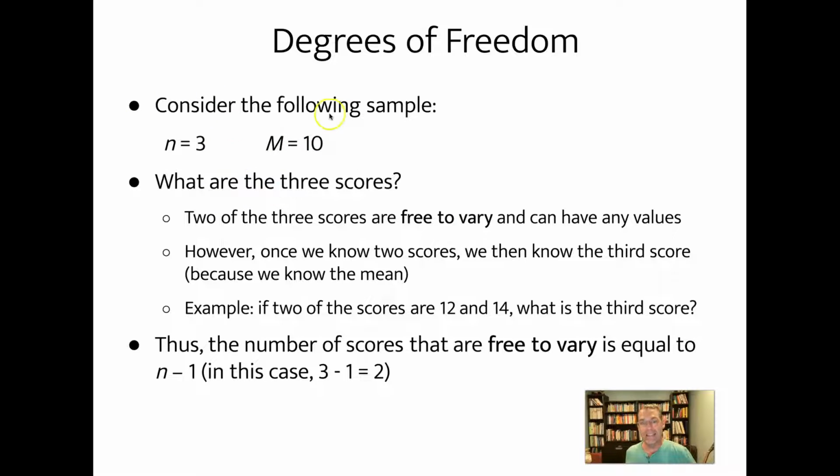Basically, with that setup, by knowing that those 3 scores have a mean of 10, it puts a restriction on how many scores are free to vary. And it's one restriction, knowing that the mean is 10, and so it's n-1. And so I walk through kind of how that works, so watch that video.